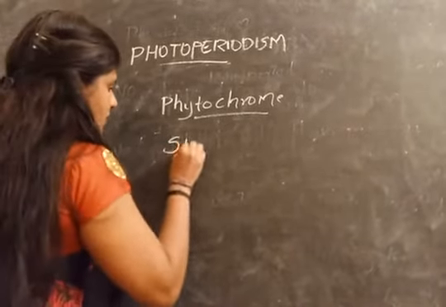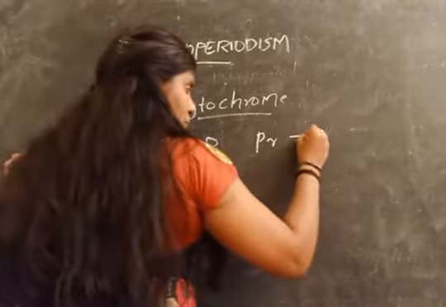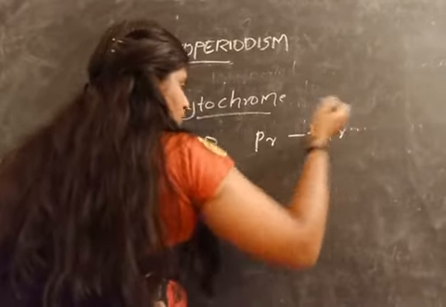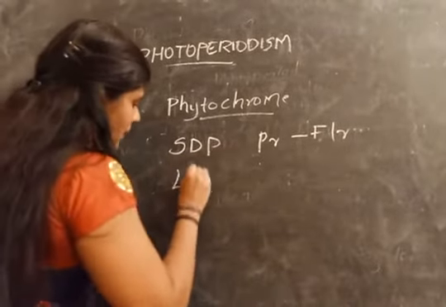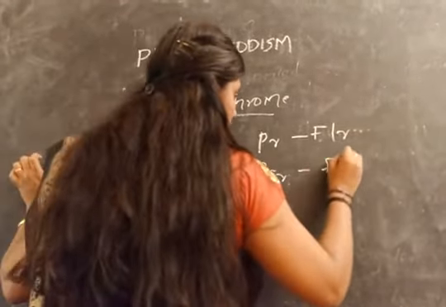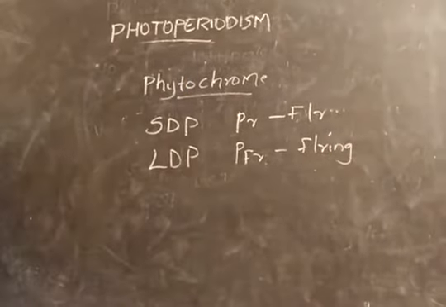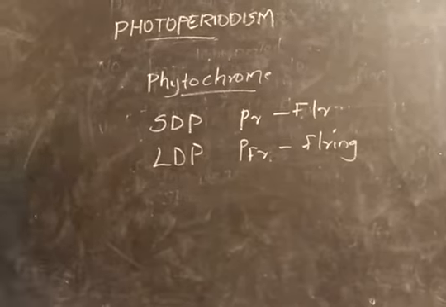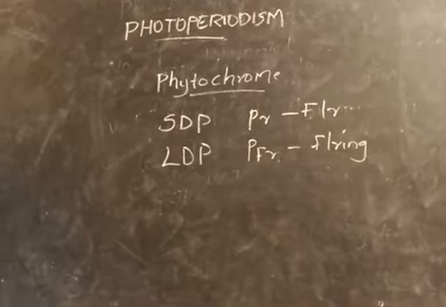In short day plants, the PR promotes flowering, whereas PFR inhibits flowering. In long day plants, the PFR promotes flowering, whereas the PR form inhibits flowering. So these are about photoperiodism.